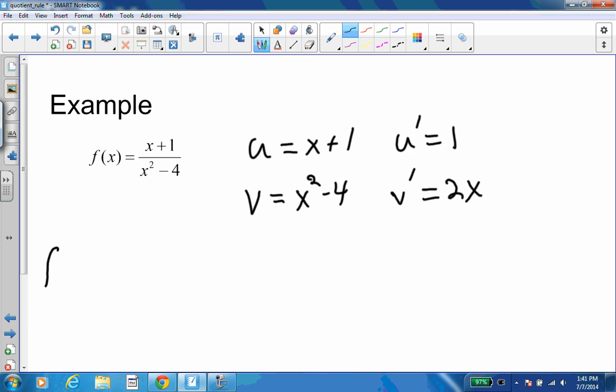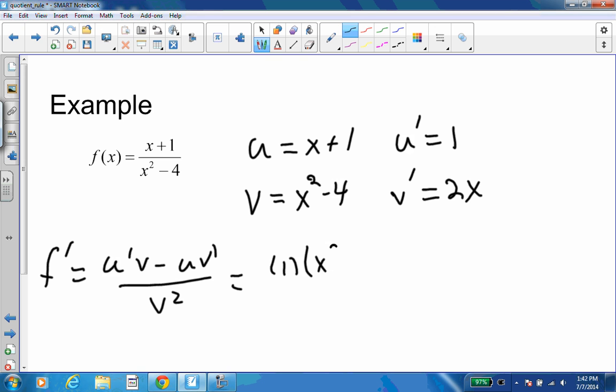which is f prime, is what we're looking for, is u prime v minus u v prime over v squared. So u prime is a 1, v is x squared minus 4. Subtract u, which is x plus 1, times our v prime, which is 2x.